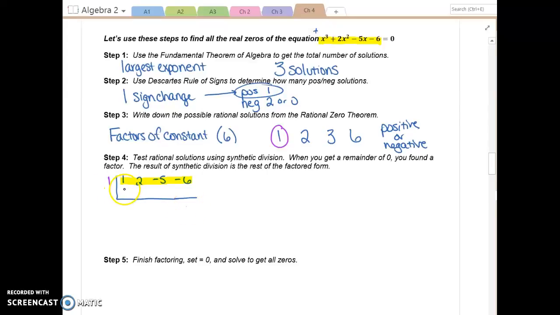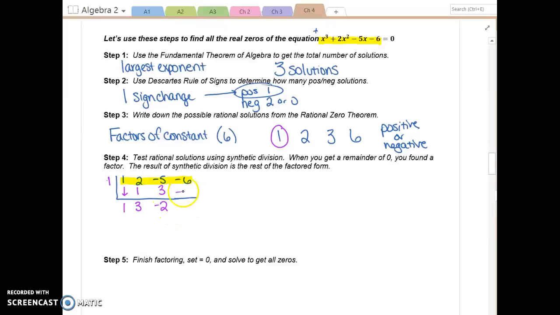So let's try this. Do you remember synthetic division? Drop the first number down. Multiply. 1 times 1 is 1. Add those together. Multiply. 1 times 3 is 3. Add them together.